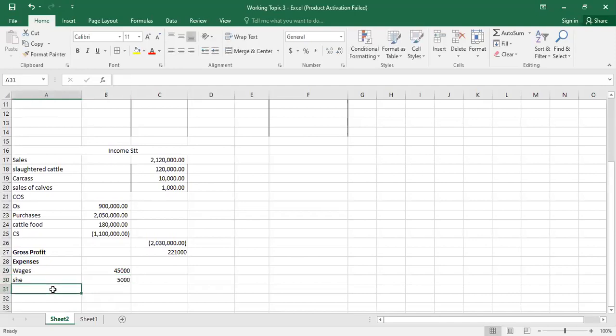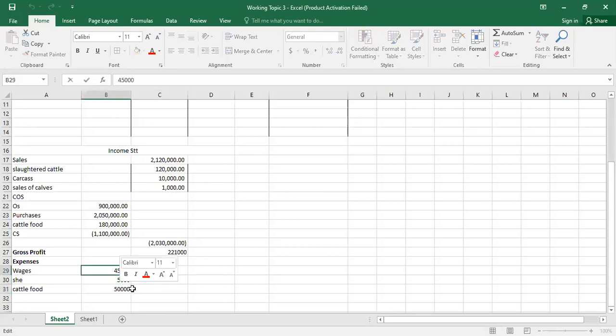What else do we have? Cut-off feed. We have that feed that was used, the one that was coming from the crop account, isn't it? 50,000. So this is giving us 100,000. So our net profit is 121,000.